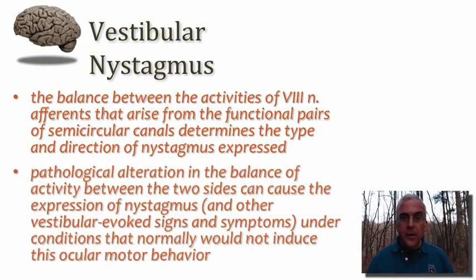So when you're evaluating clinical patients for the presence of nystagmus, it's important to keep in mind that you're looking for evidence of this pathological alteration in the balance of activity between the two sides of the vestibular nuclear complex. And this is what gives rise to the expression of nystagmus under conditions that wouldn't normally induce this kind of oculomotor behavior.